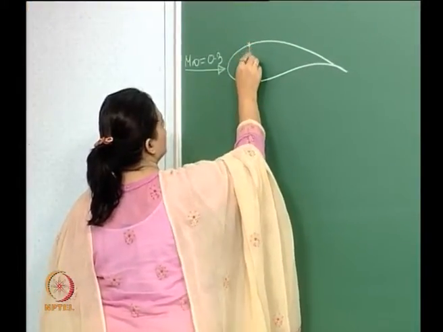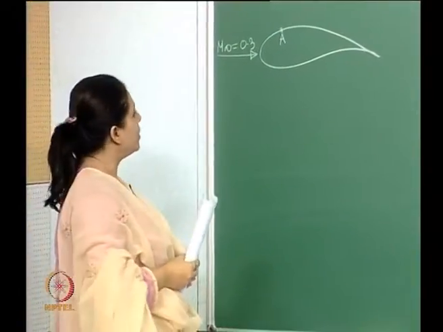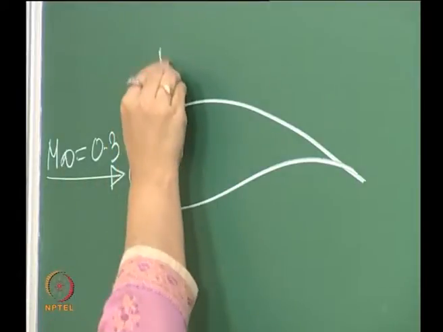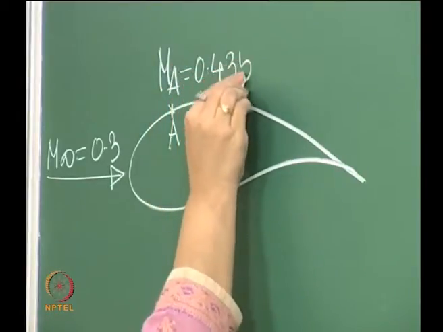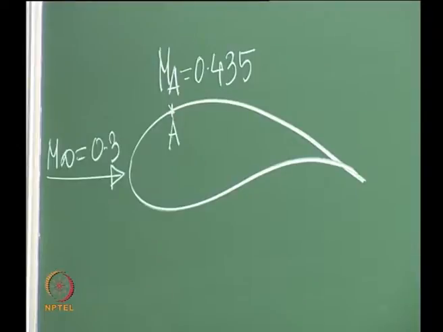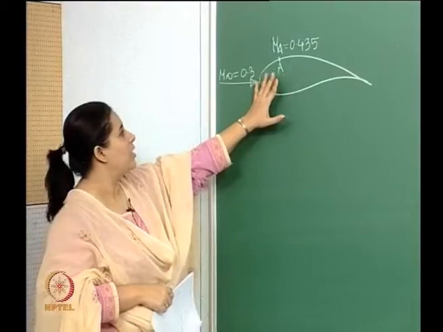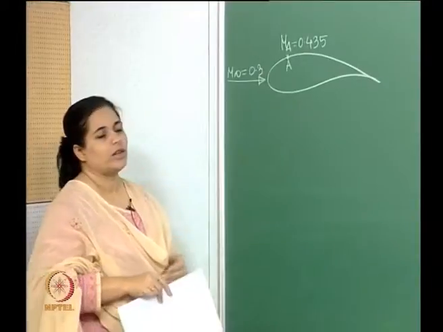At this particular location, say A, on the surface of this airfoil, we have minimum pressure and hence maximum Mach number, maximum speed. So we have an incoming Mach number, and for this Mach number at this location A, we have minimum pressure and maximum Mach number, which is 0.435.